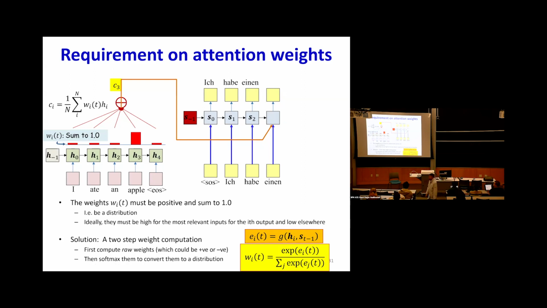And the raw weight is a function of the hidden state on the input side and the decoder's hidden state. So the raw weights for each of the 5 words over here are going to be a function of the corresponding H and the S at the previous time on the output side, right? And then once you have computed all of these raw weights, you can just put the whole thing through a softmax. And so now you get a distribution over all of the inputs.